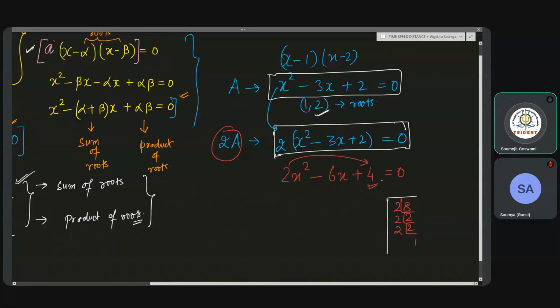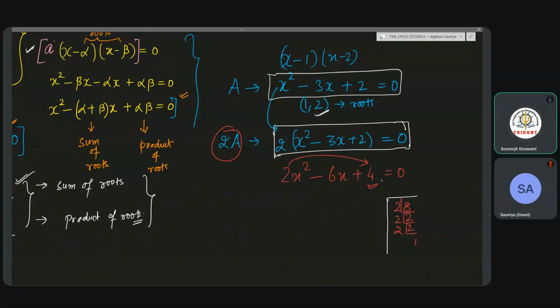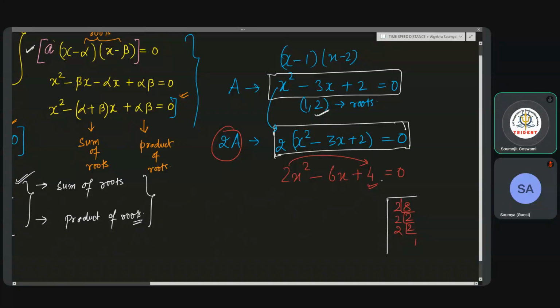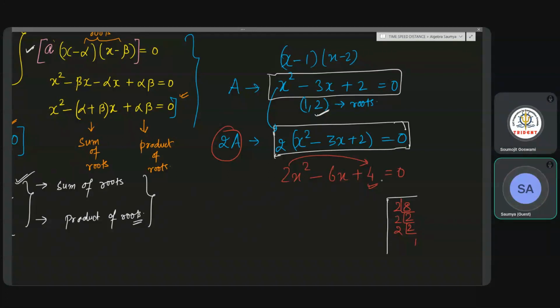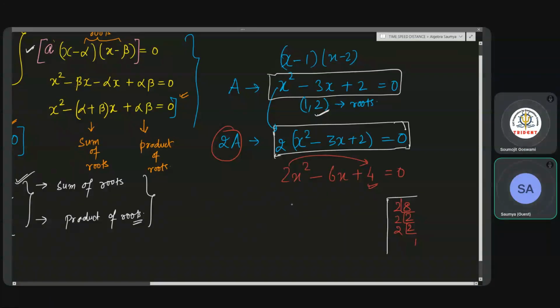Minus 2 minus 4 हो जाएंगे ना roots. 2x square minus 2x minus 4x plus 4. नहीं, हाँ, actually यही बन रहा है. 2x square minus 2x minus 4x plus 4.